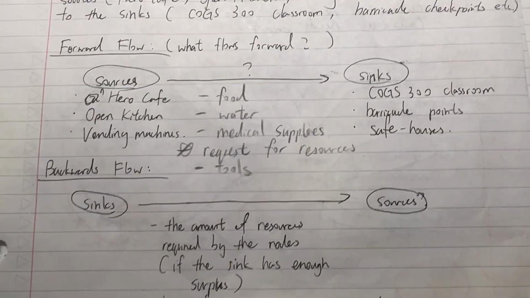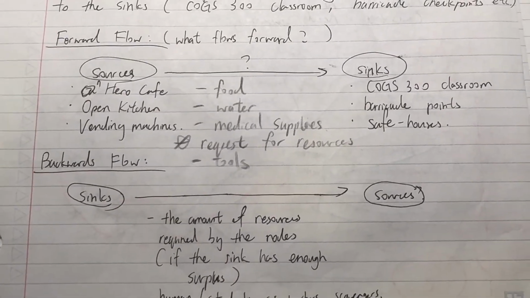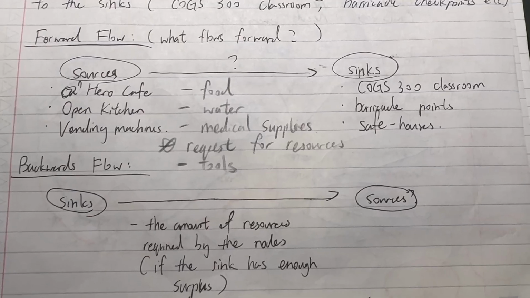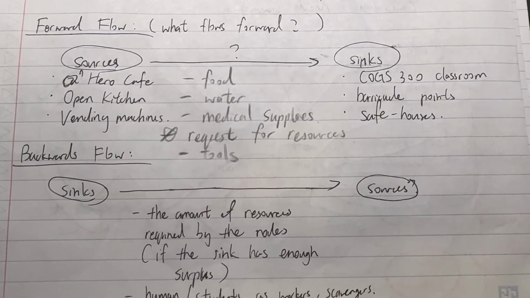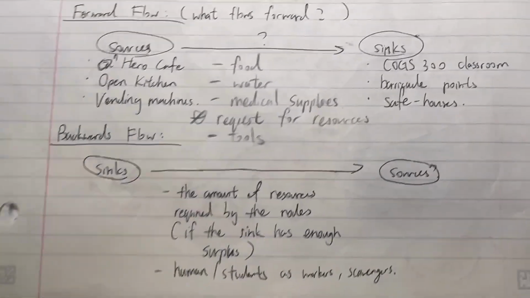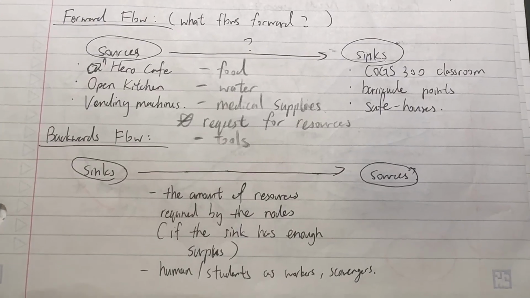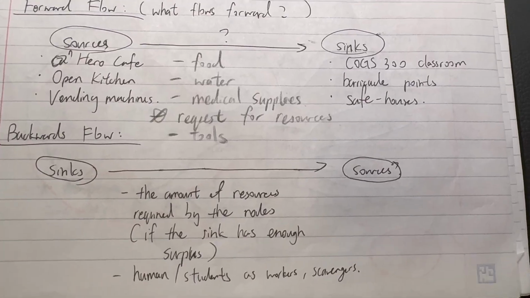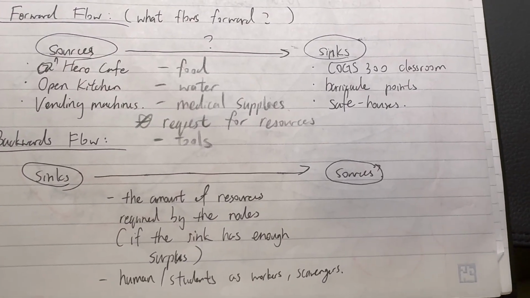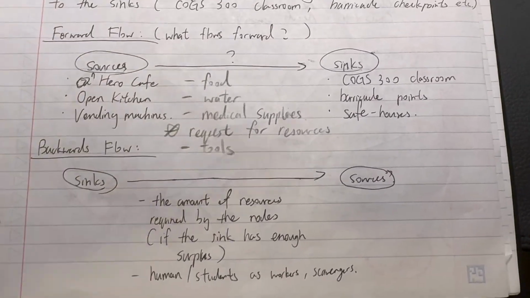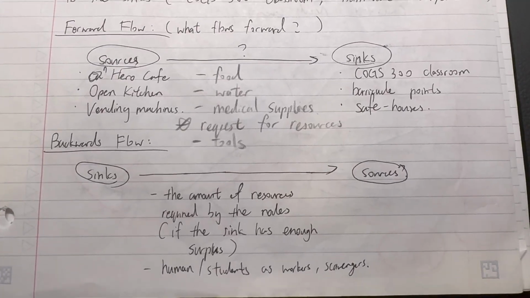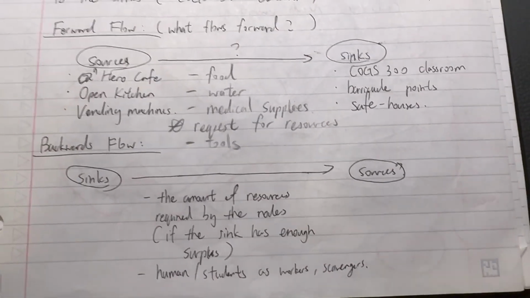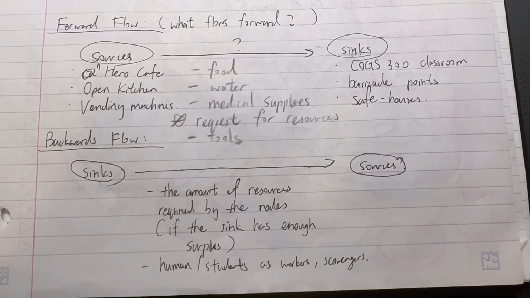For example, I'm at a barricade point and there are 3 scavenger members in that barricade point. Then it will request the amount of life supplies that 3 people will need for one iteration of this network. That information would also be sent forward towards the sinks.